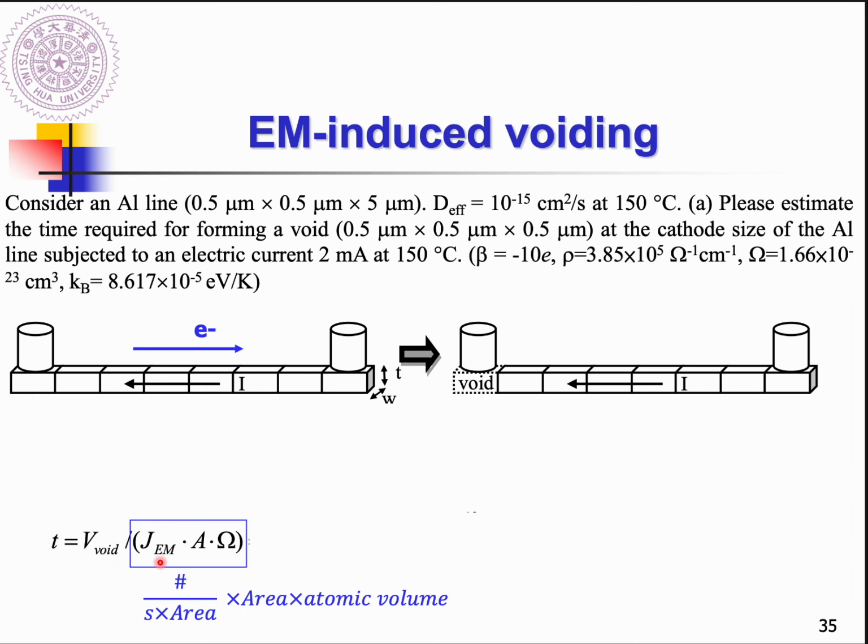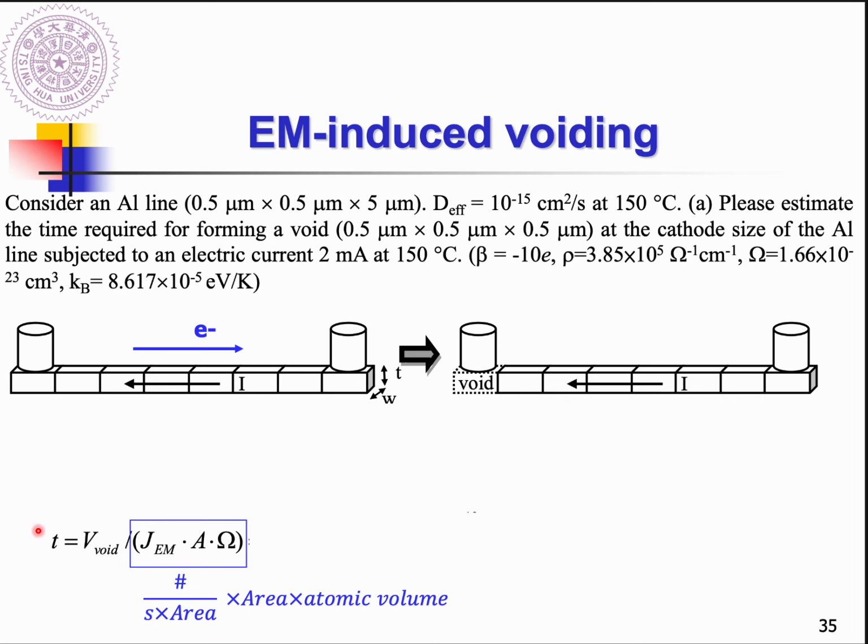So here we use the JEM, actually the JA atomic flux, times the area times the atomic volume to get this value. This JEM is the number of atoms passing through a specific area per second, then you times the area and times the volume, so you know the diameter of the void formed per second. Then you divide by this value, and you get the t, right?